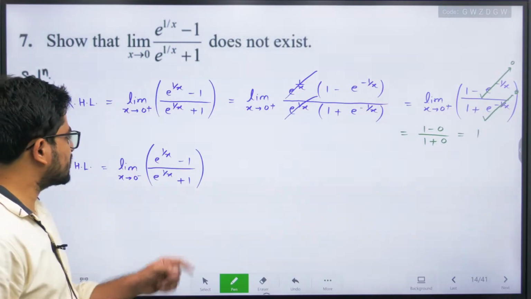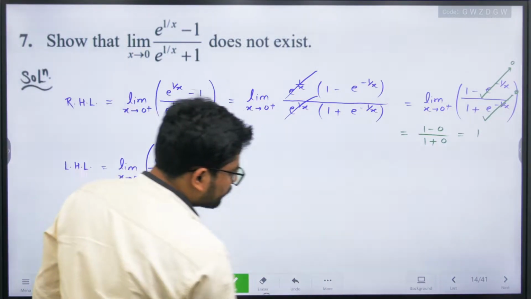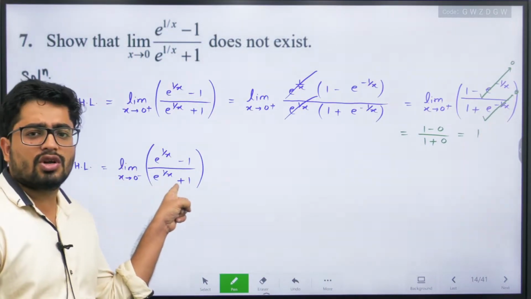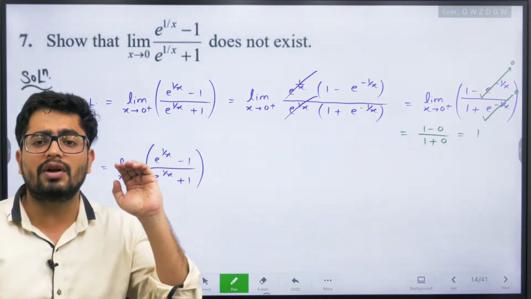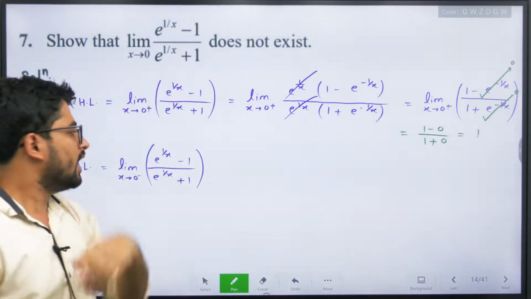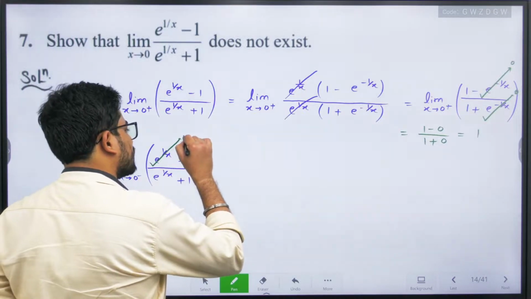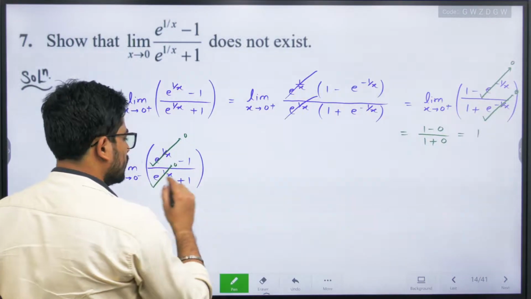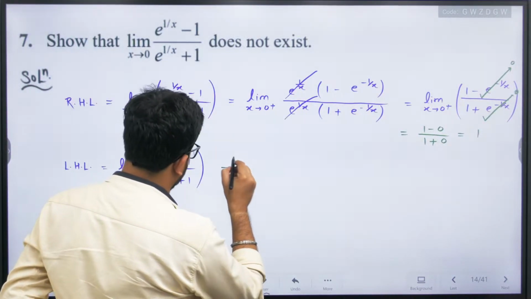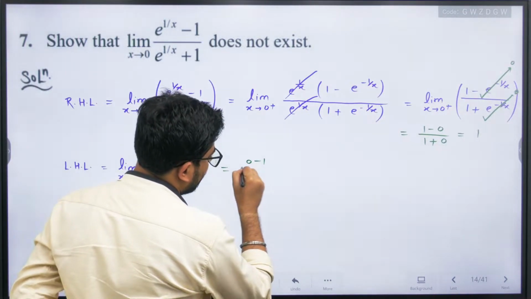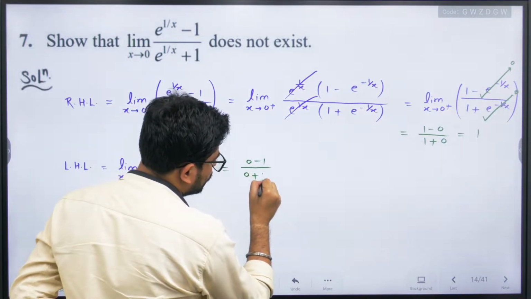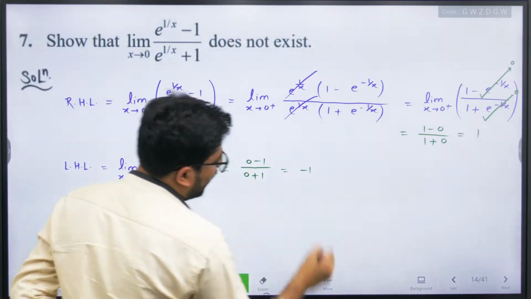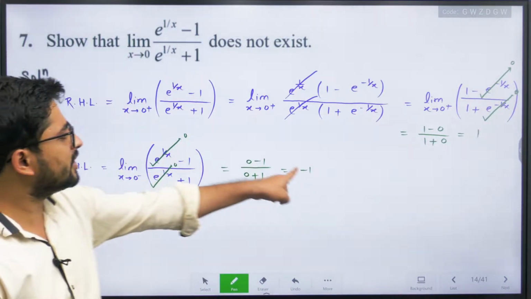So now, x tends to 0 minus, so 1 by x tends to minus infinity, and e power minus infinity tends to 0. So this limit is (0 minus 1) upon (0 plus 1), which is equal to minus 1. Okay. So the left hand limit is minus 1.